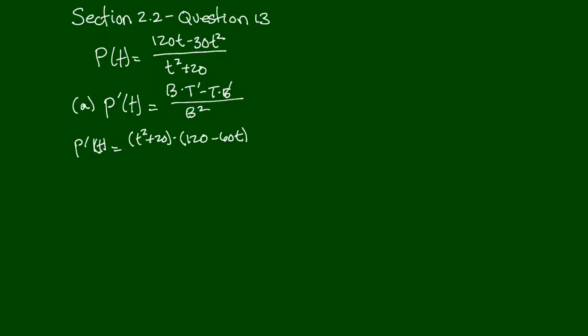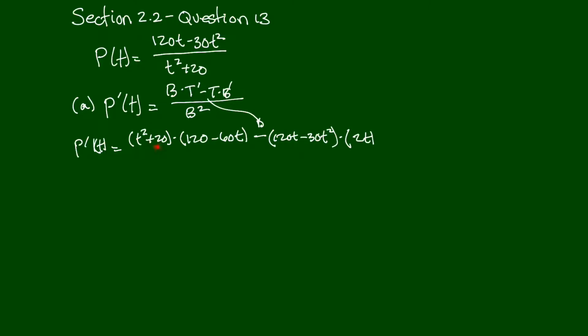So here we have the bottom times the derivative of the top minus, right, there's that minus sign, the top, which is 120t minus 30t squared, times the derivative of the bottom. Now, the derivative of the bottom is just 2t.